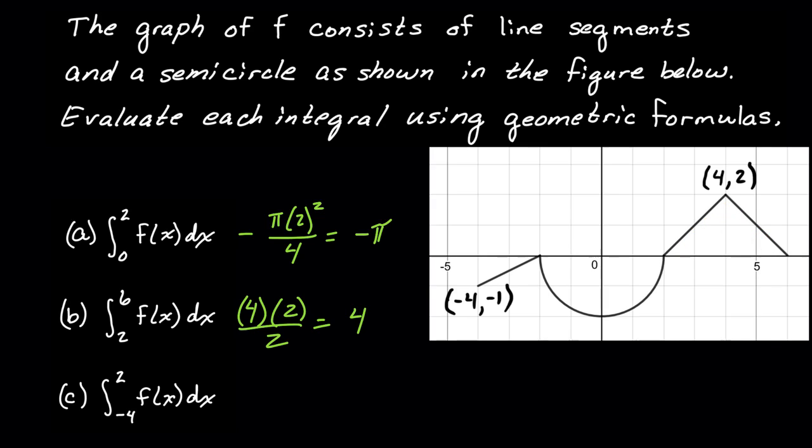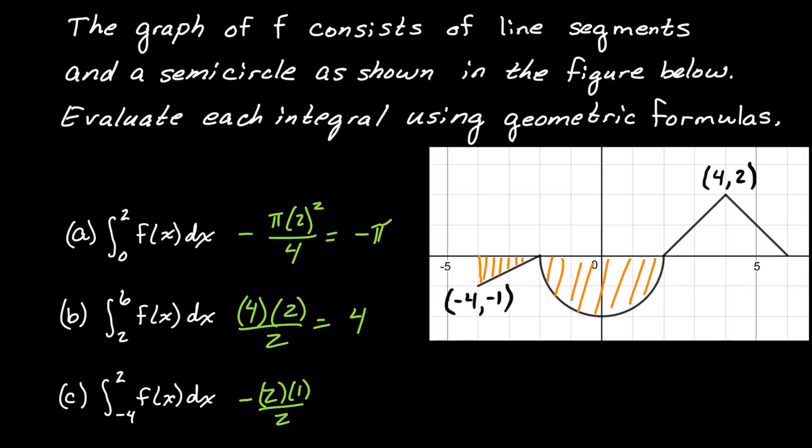And then the last one here on this page is the integral from -4 to positive 2. So that's going to be the area here plus this area. So we need to break this off into two sections. The first section is a triangle. It also is a negative area. The base is 2 times the height of 1 divided by 2.